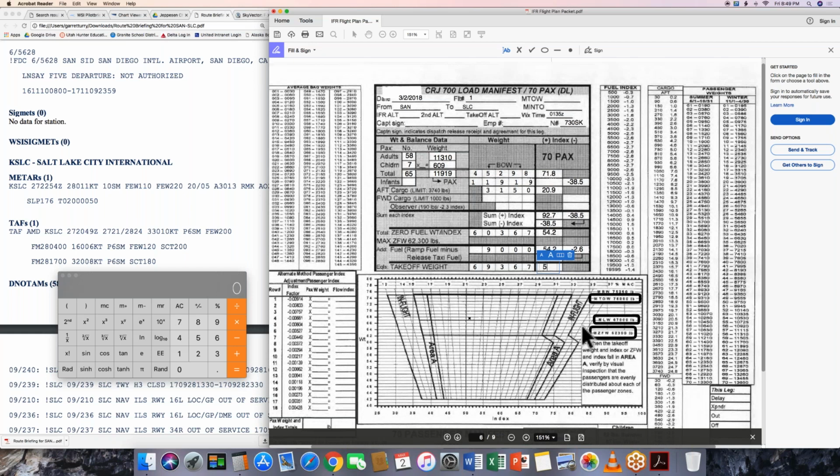So 54.2, 2.6. Oh, I gotta change this number here. I don't feel like doing math right now. 54.2 minus 2.6, 51.6. Okay, so that moves our X here.